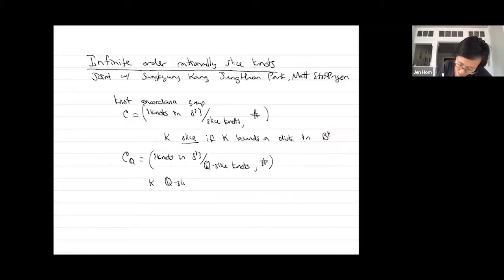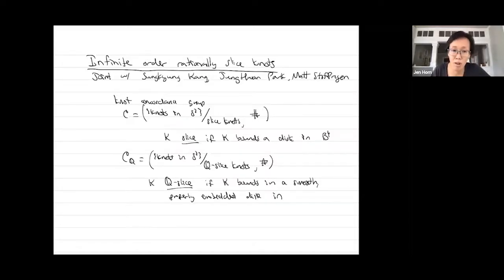Well, K is rationally sliced if K bounds a smooth, properly embedded disk in, instead of B4, now we'll relax it and we'll just say in a rational homology ball.